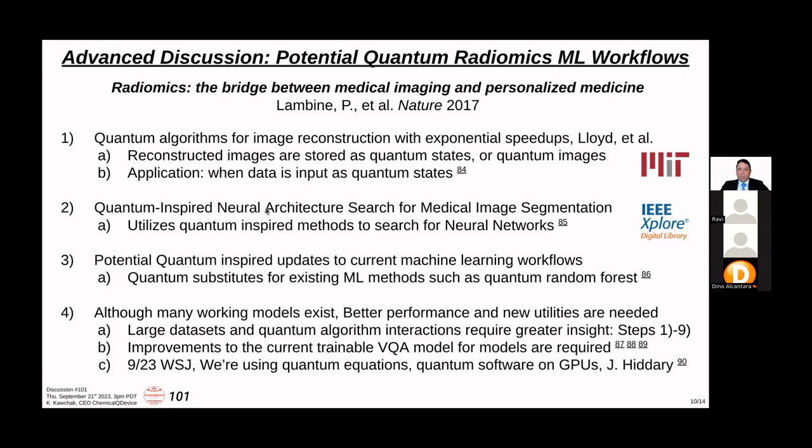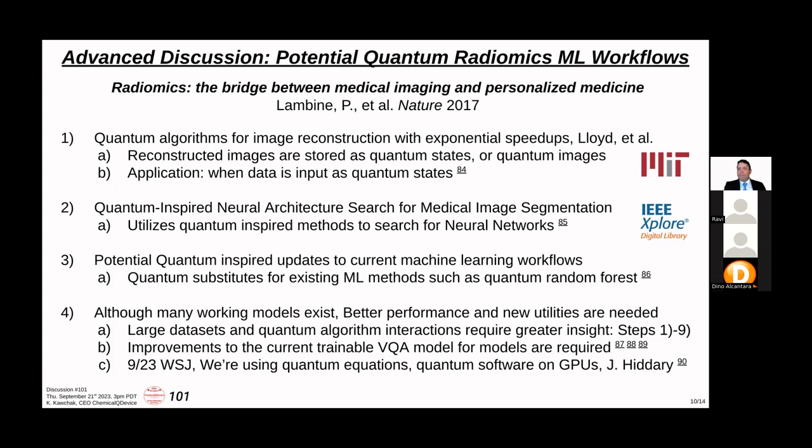Now, number two, quantum-inspired neural architecture searches for segmentation. So this is using quantum-inspired methods in order to find, I believe in this case, better classical methods. So this gives you an idea of the broad breadth of research that's going on. And this 3.1 is basically finding quantum substitutes for existing ML methods. So say, for instance, in certain of these, like I said, you can get away with just using machine learning.